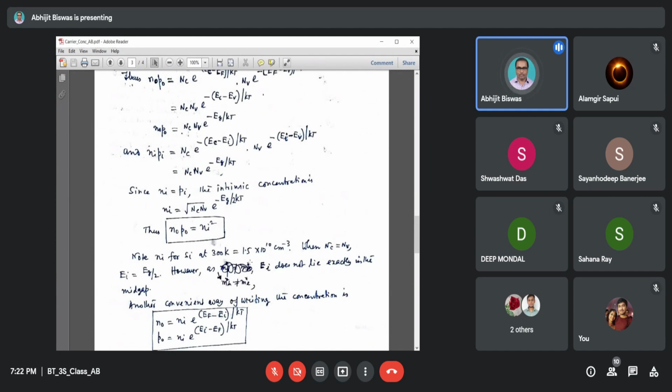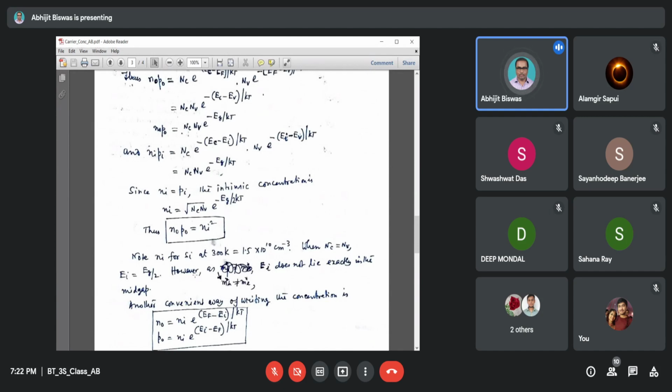So if you equate these two quantities, that means N0 into P0 is always equal to Ni square. So the material, whether it is extrinsic or intrinsic, this relationship will hold good.